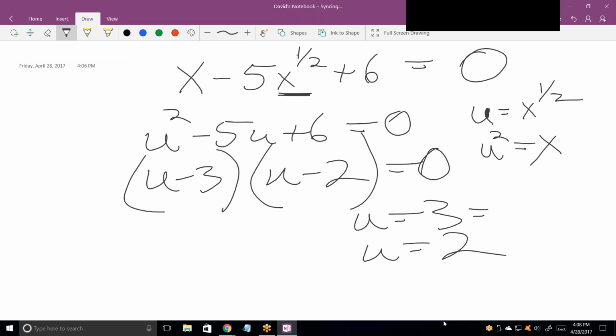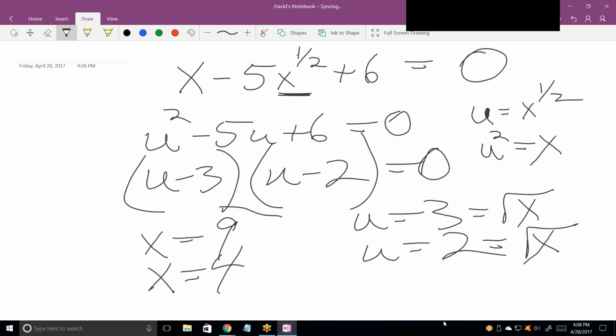So I get square root of x is 3, square root of x is 2. Square both sides, I get x equal 9 and x equal 4. So I get two solutions. You see how I got all of those? Yes, 9 and 4. That makes sense.